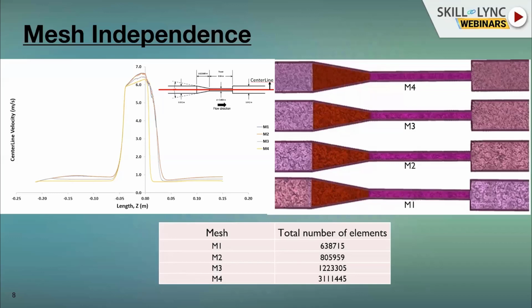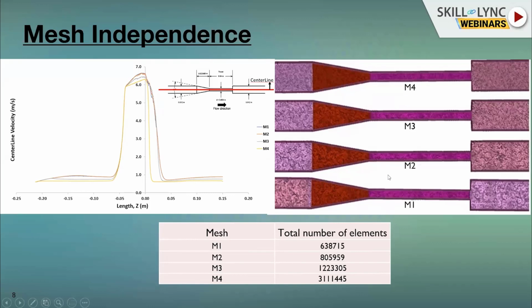So there is a concept called mesh independence. Whatever solutions we obtain should actually be independent of the mesh. Here, as you can see, this is the geometry. This is a straight pipe that converges, then there is a straight constricted portion, and there is a sudden expansion. Here you can see M1, M2, M3, M4.